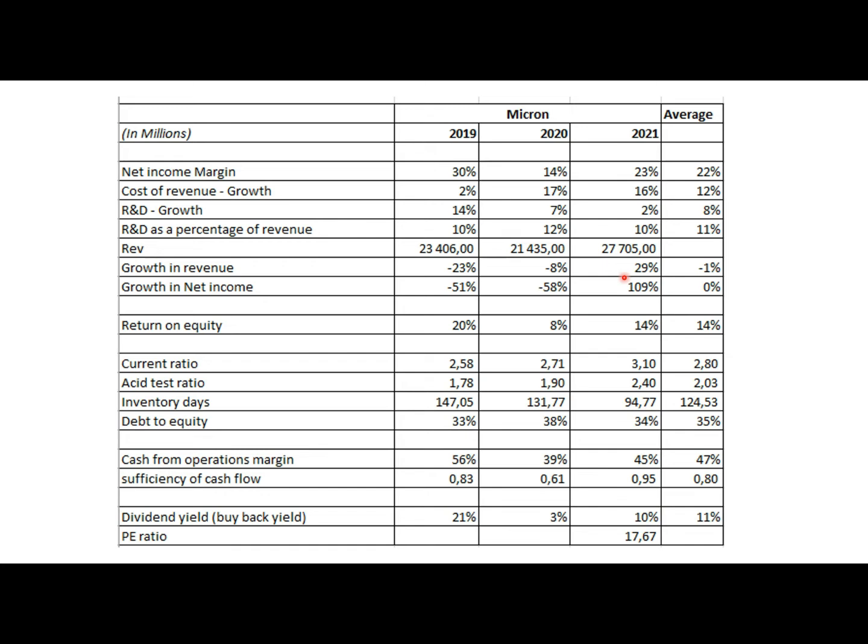ROE is below the industry average of about 26%. However, I'm not going to cry too much about it, because the ROE decline can be explained by COVID and the massive rebound in response to COVID.